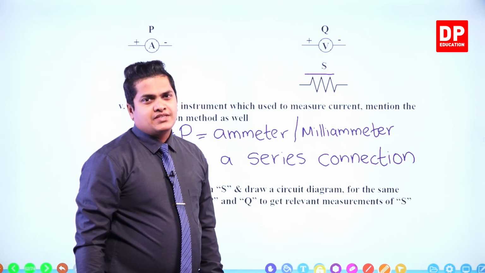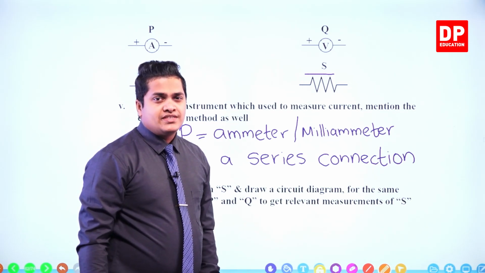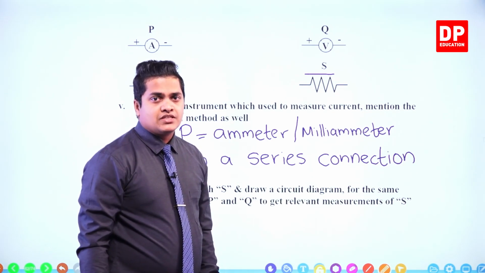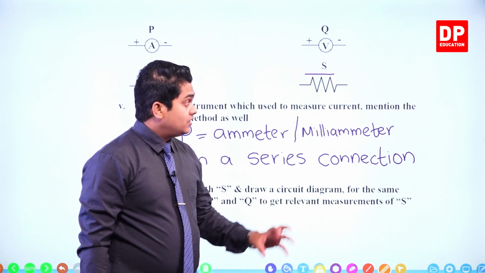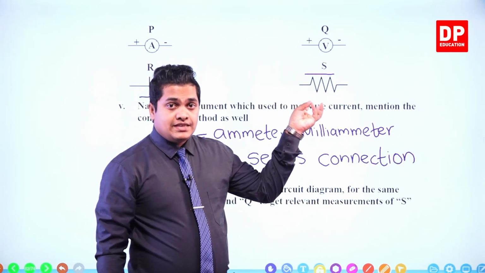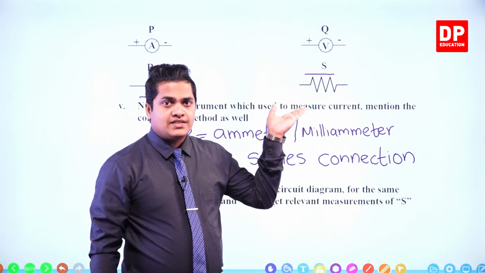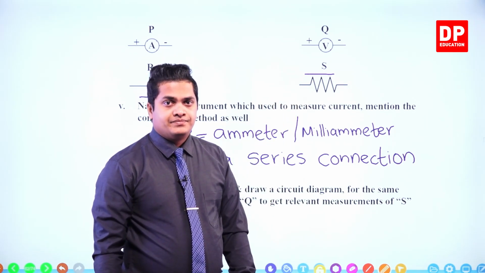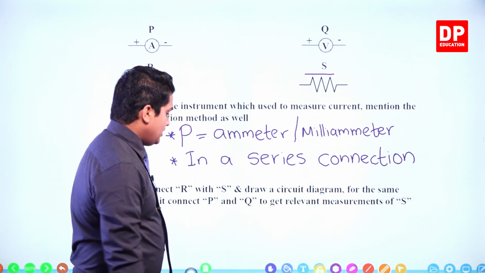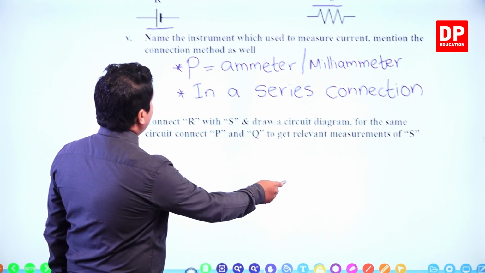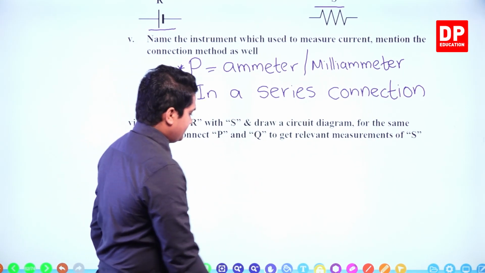In a permanent resistor, there are no distinct plus and minus terminals. Right? In resistors, there are no such plus and minus terminals. You can connect these in whichever way you like. There is no distinct plus and minus terminal in a resistor. Right? So my dear children, we'll draw the circuit diagram. We have to connect R with S.